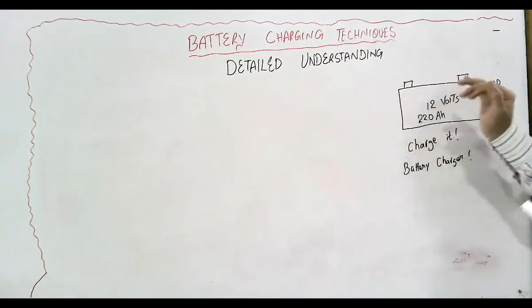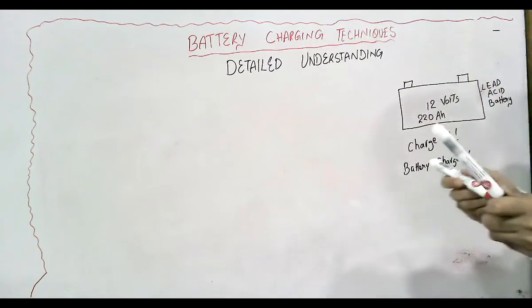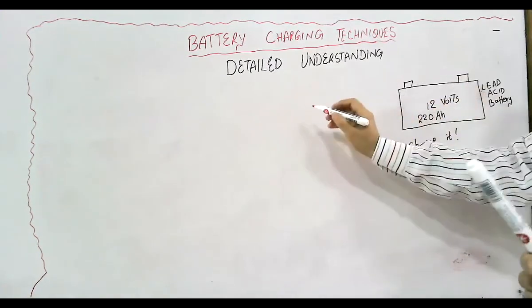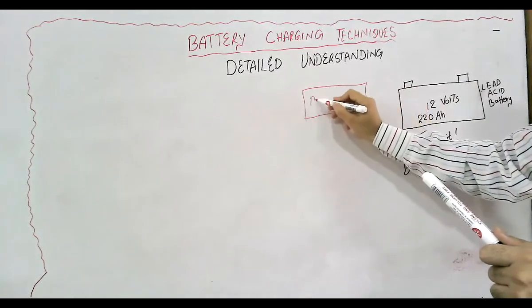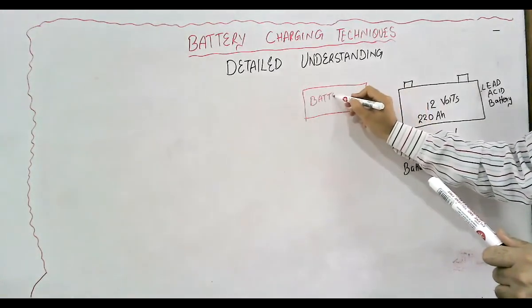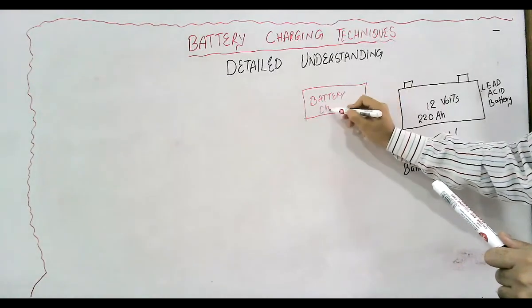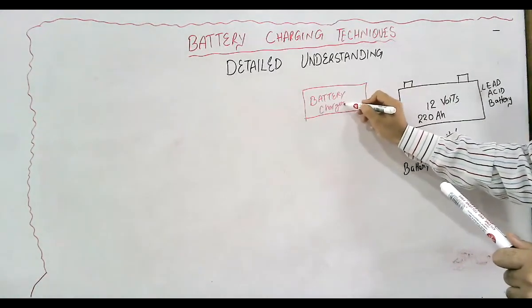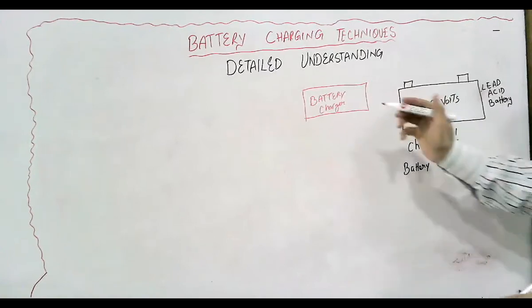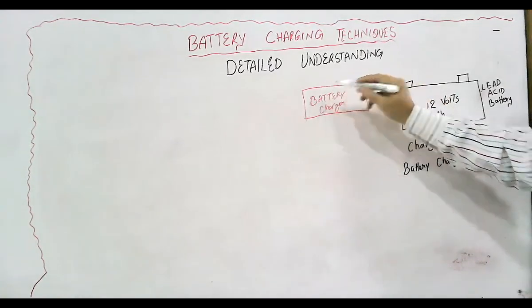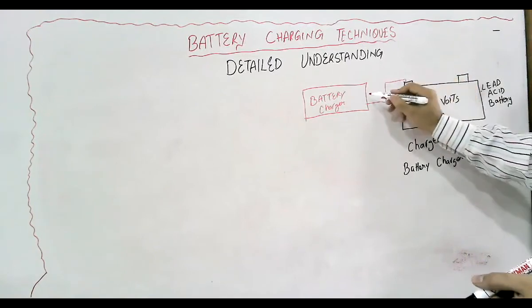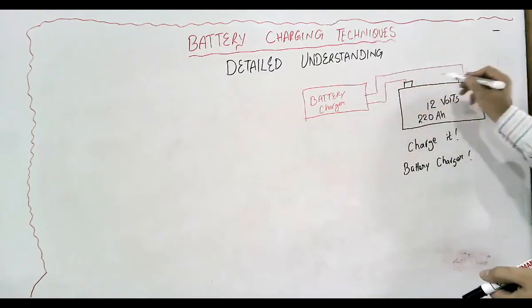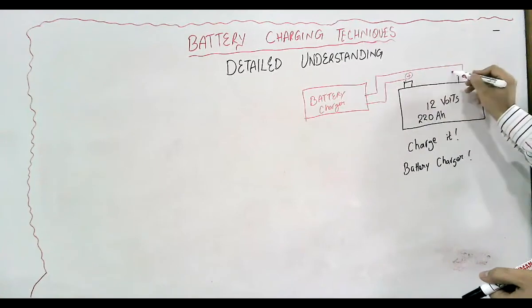So what is the first step? Now let's say here you have a battery charger, and it has to charge this battery. It has two terminals, one is the positive and another is connected to the negative.